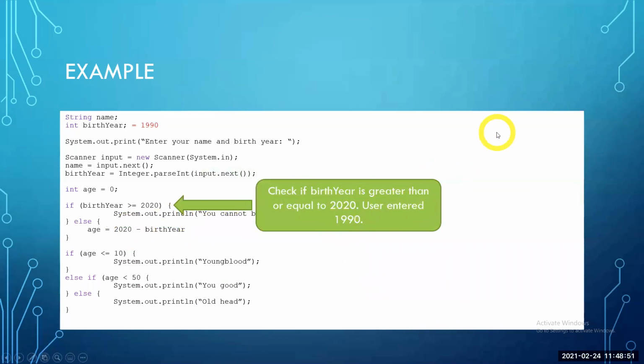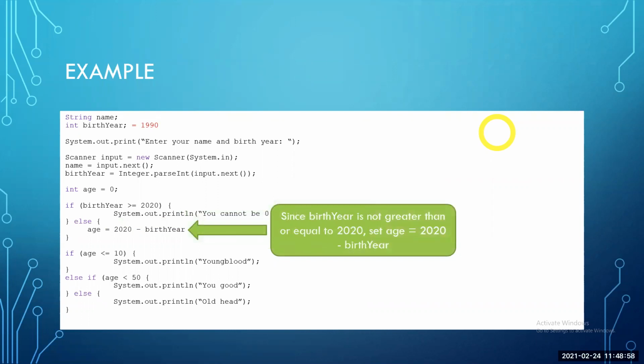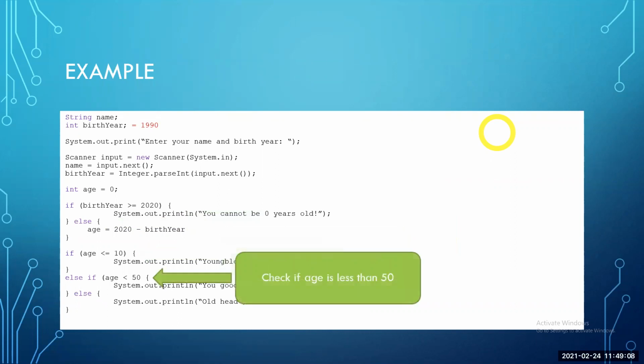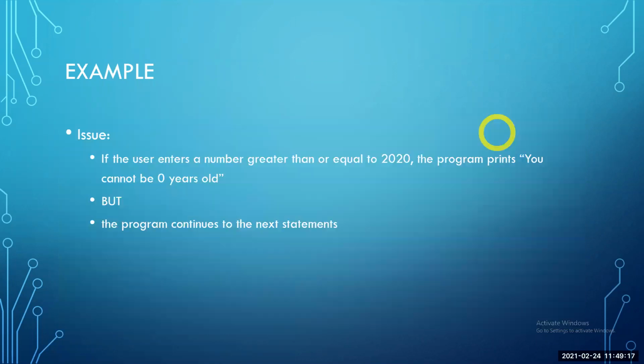But since they entered in 1990, that's false. We go to our else statement and we calculate their age. And we check if the age is less than 10, it's not, their age is 30. So we go on to our else if. Their age is 30 again, that's less than 50. So they're good. And that's it. Our program ends.